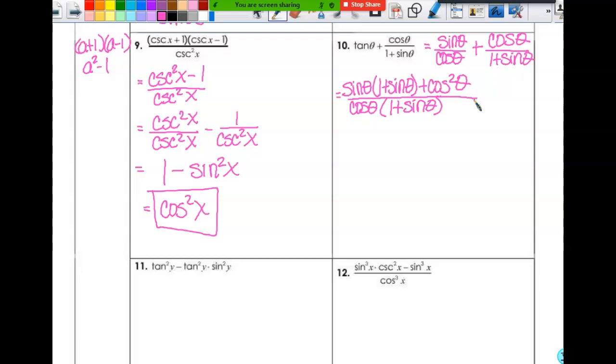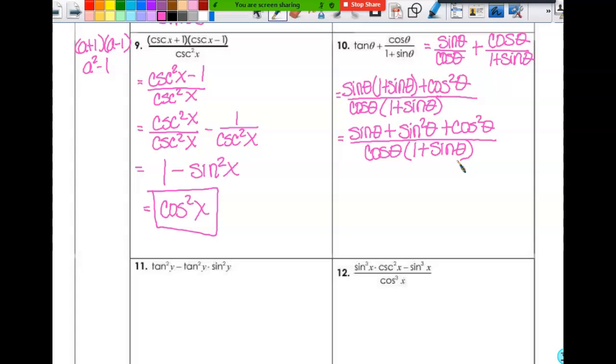And so I'm only going to work with the numerator and leave my denominator as it is, because you only want to change one thing at a time. So when I distribute in the numerator, I'm going to get sine theta plus sine squared theta plus cosine squared theta all over cosine theta times 1 plus sine theta.